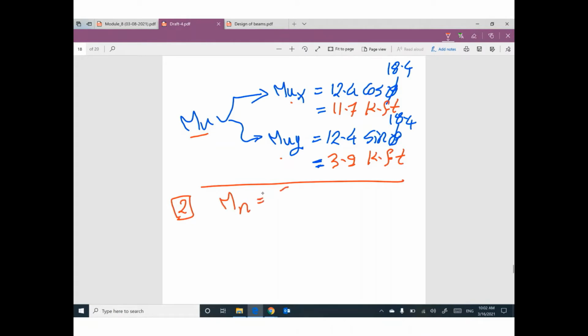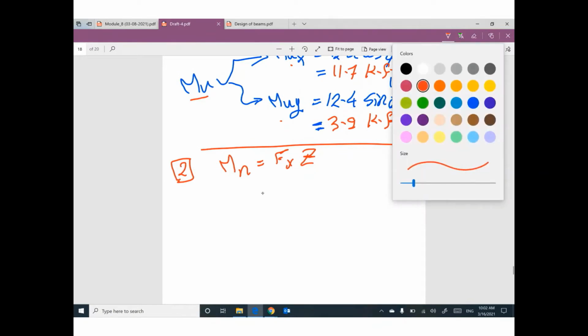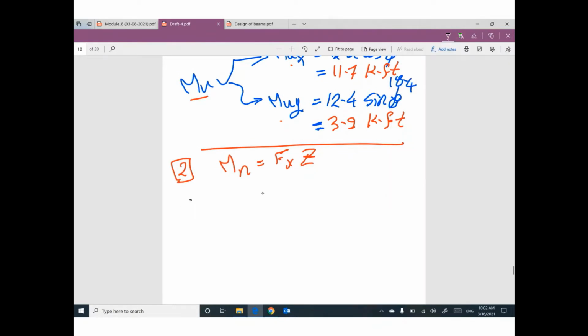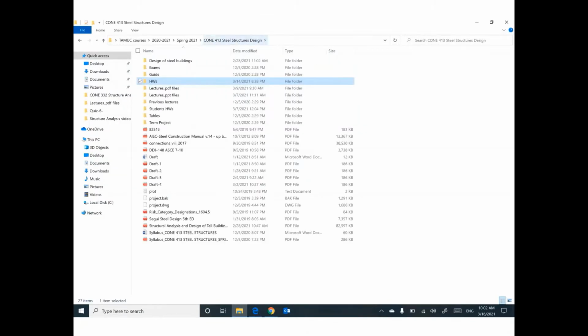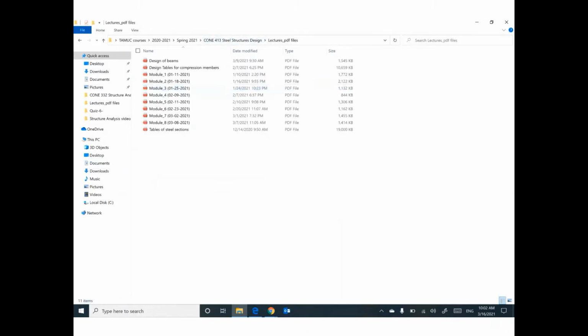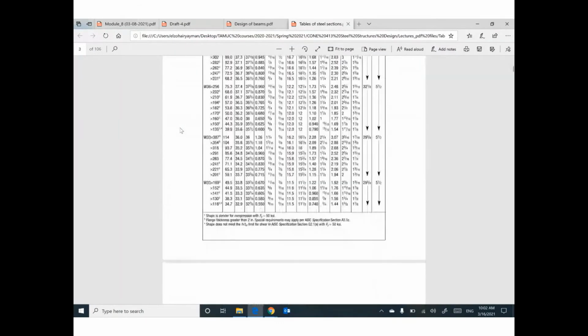Mn equal F yield times Z. So we need to start to assume a selected purlin. I need to go to my tables and go ahead and select a cross section.